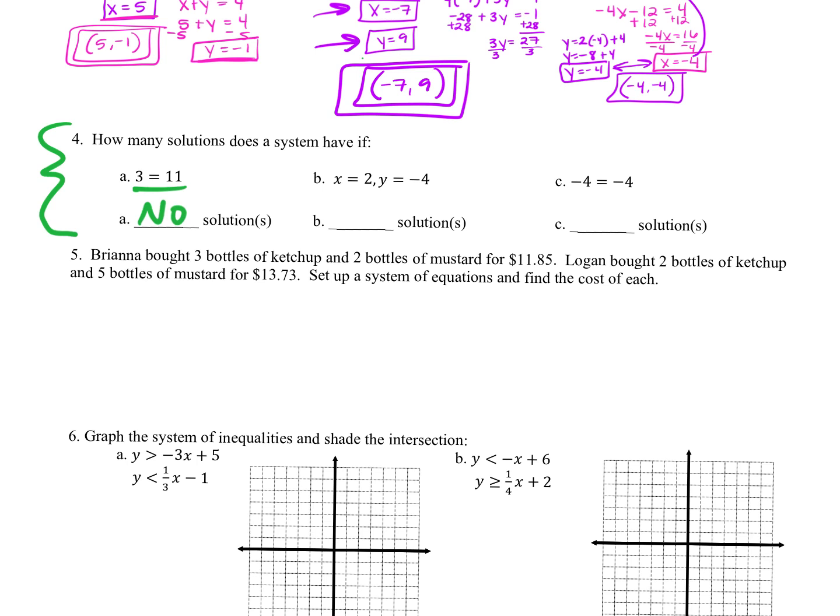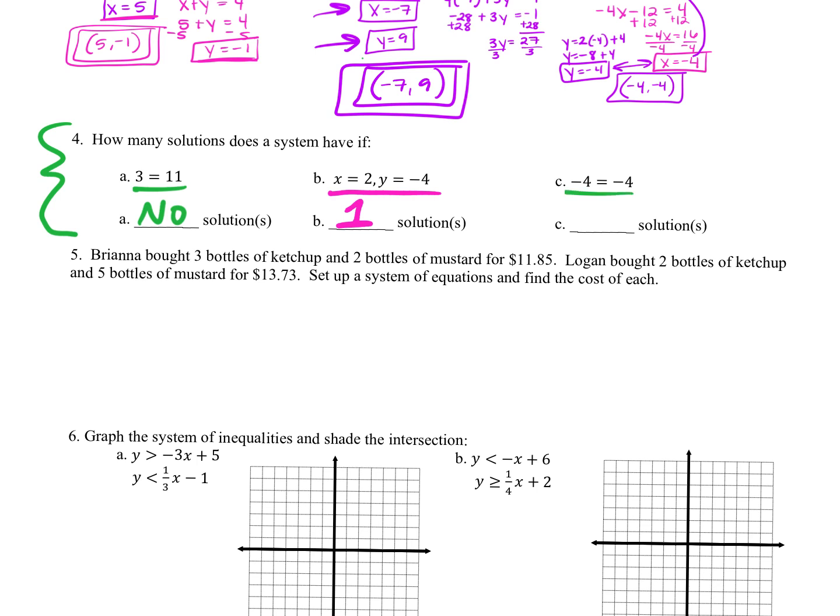What if your answer is x equals 2, y equals -4? How many solutions is that? That is one solution, right? An x and a y, a point. That is one point. That's the one that a lot of you are going to get wrong on your final if you're not paying attention because it looks like 2. And it's really tempting to say this is 2 solutions, but it is a point, 1 point, okay?